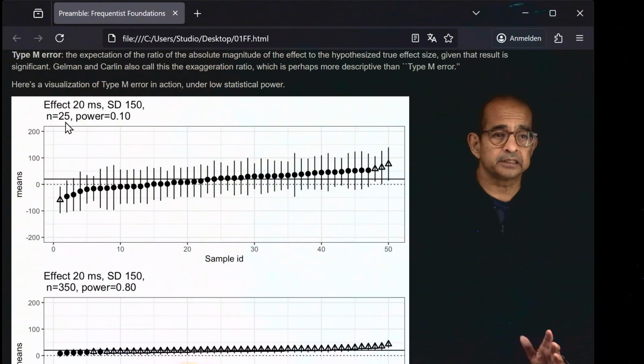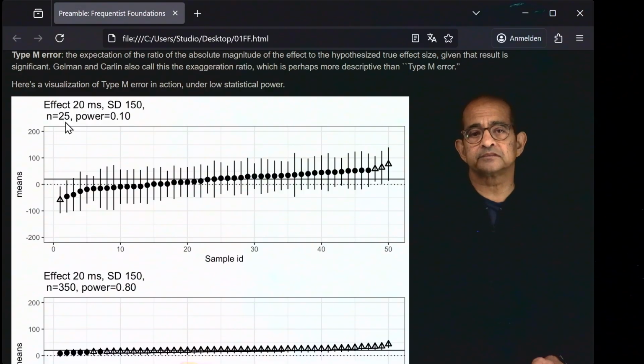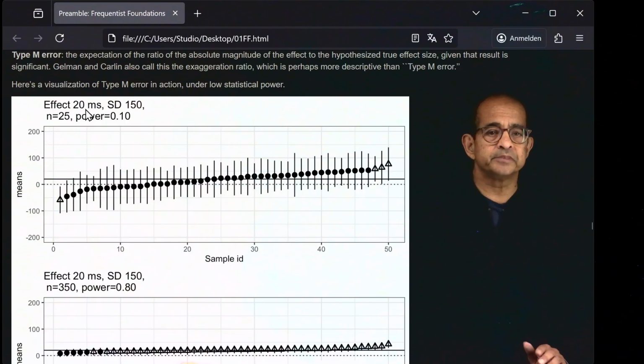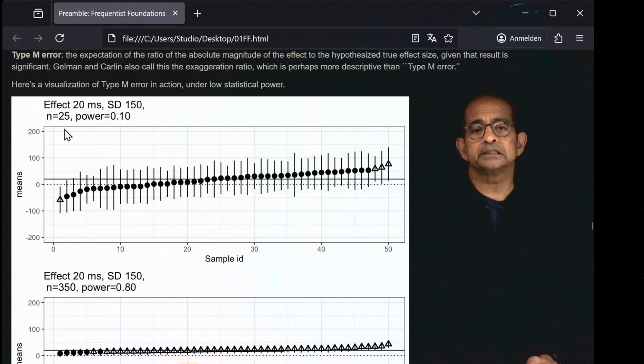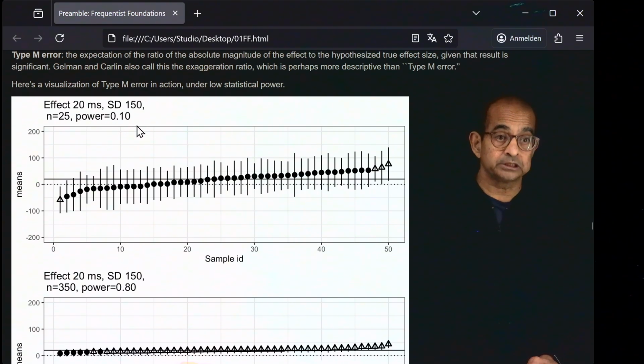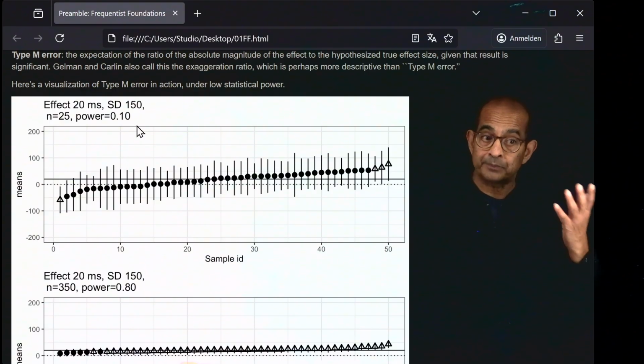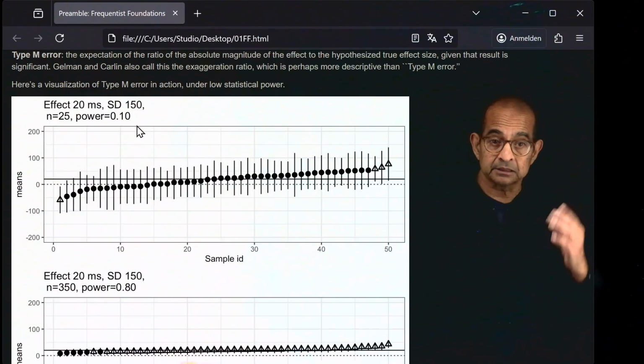People routinely run experiments with these kinds of sample sizes with standard deviations like these, and the true effect size might be 20 milliseconds for all we know, right? What would happen in such a situation is that your statistical power would be about 10%, which is very low. That means your type 2 error is 90%, okay?